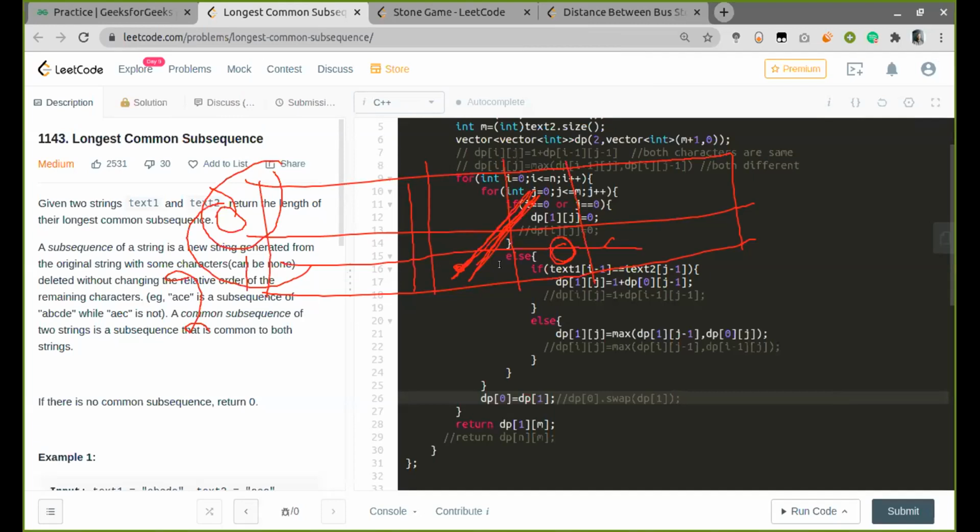We are traversing from left to right. This is why, before I process this index, when both characters are not equal, I can use these two indexes, take the maximum of both values, and assign it to the current one.